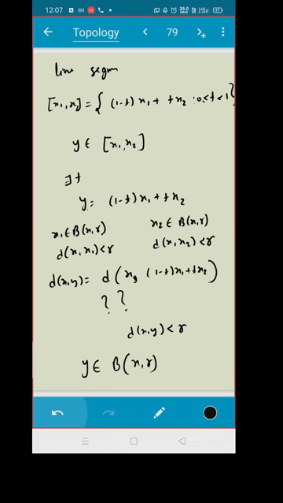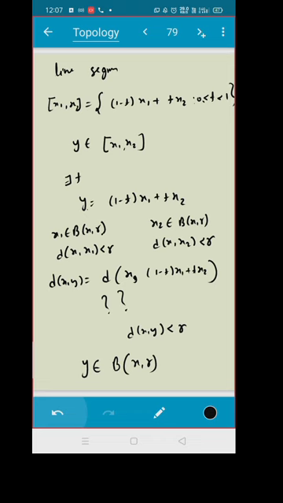You know something about this t, 1 minus t and t. That will help. It will be less than 1. Whatever you said is also okay, but you have to prove whether I can separate them or not, or whether I can talk about some inequality.